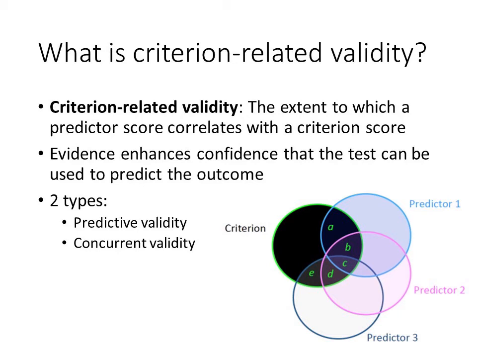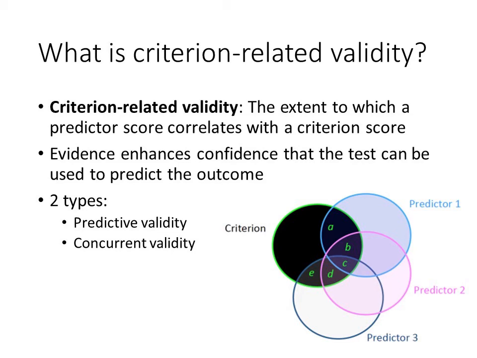We calculate the correlation between their score in the interview and their performance on the job. That correlation tells us how well our list of interview questions predicted job success. Criterion-related validity is the preferred type of validity. It's the strongest piece of evidence in a court of law.